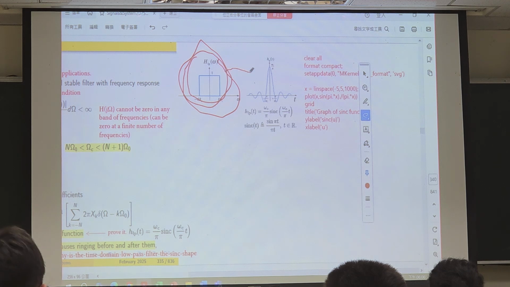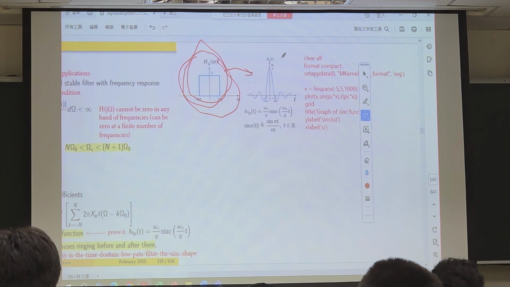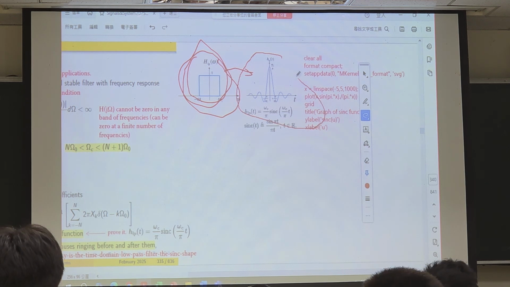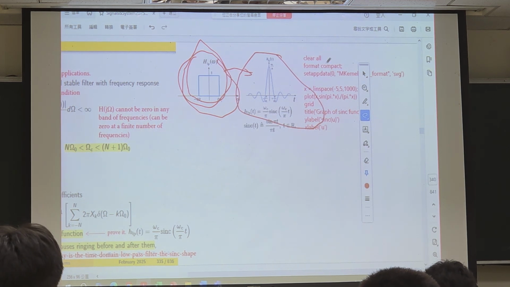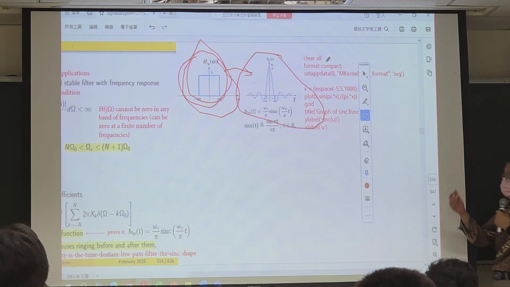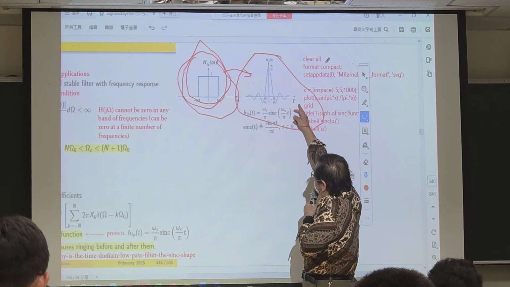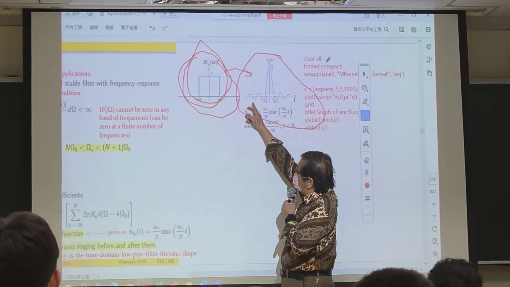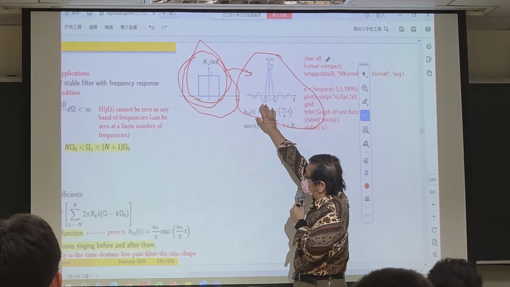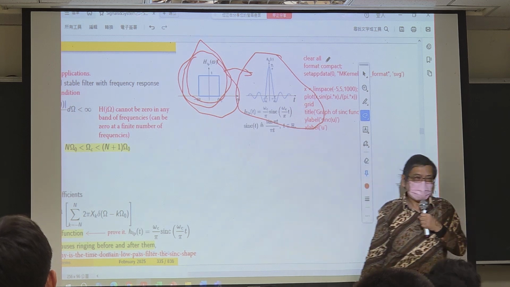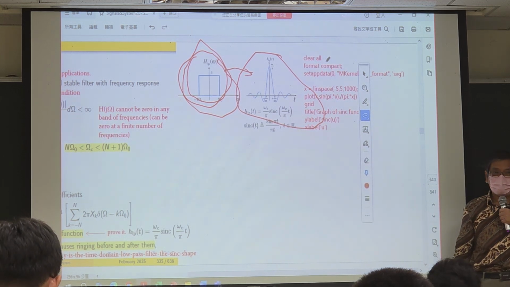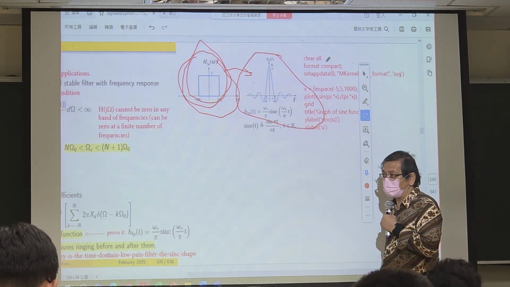If you go back to the time domain and take the inverse Fourier transform, it will give you the time response or impulse response of the filter. And you can see that it is non-causal. This is for t greater than 0, this is for t smaller than 0. So that means this filter cannot be done in real time. It can only be done offline.